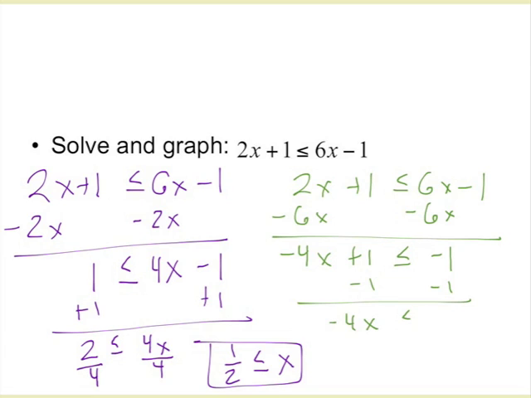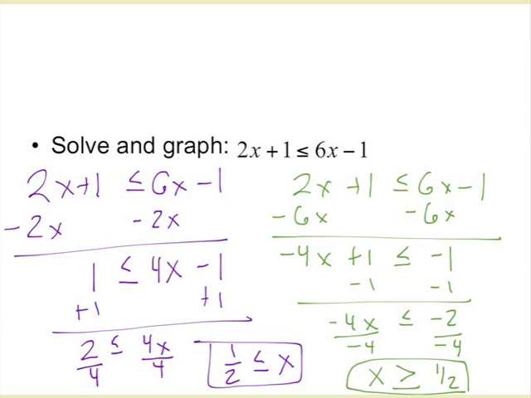Negative 4x is less than or equal to negative 2. Then I'm going to divide, and this is where you have to be careful. I'm dividing by a negative 4. That's a negative that's happening to both sides of this problem, so the arrow has to flip. And this would be our solution. It's the same exact solution.